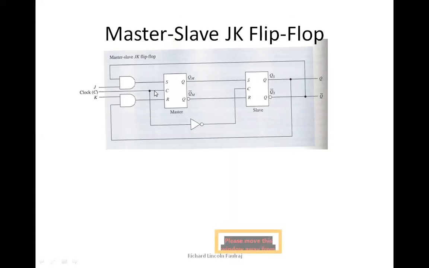So let's say, for example, your clock is 1 here. If clock is 1 here, what's going to happen? You are going to get 0 here, which means this 0 is fed here. So will this slave flip-flop be enabled if the clock is 0? No, sir. It will not be, right?